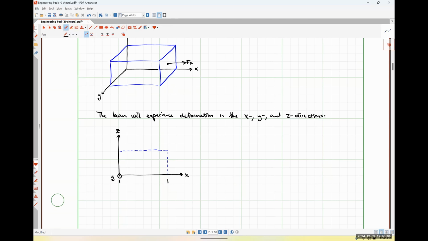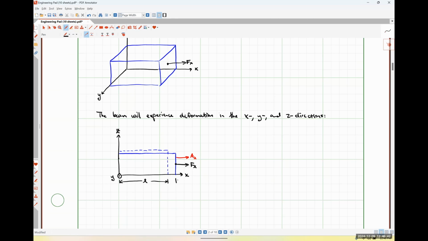This distance is L. We would tend to expect that our beam will get longer, like so, where this is our applied force, F of X, and this is the vector representation of our cross-sectional area, A of X, like so.